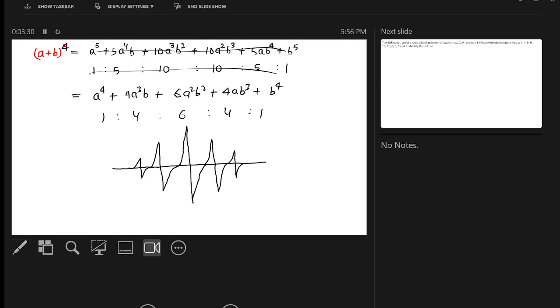So this is your 1 is to 4 is to 6 is to 4 is to 1. This is your experimental spectrum.